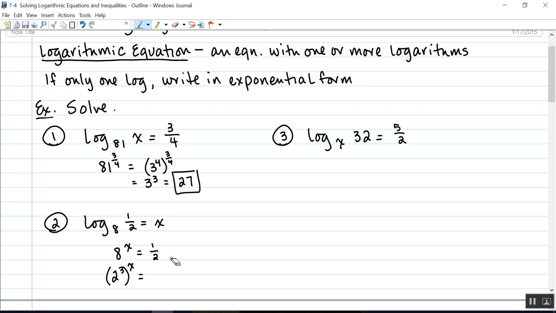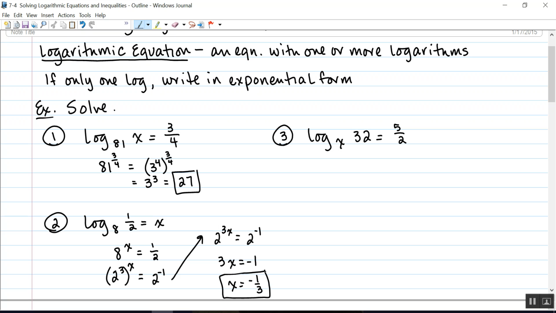Multiplying, that's going to give me 2 to the 3x equals 2 to the negative 1. Pulling off the exponent, 3x equals negative 1, or x equals negative 1/3.